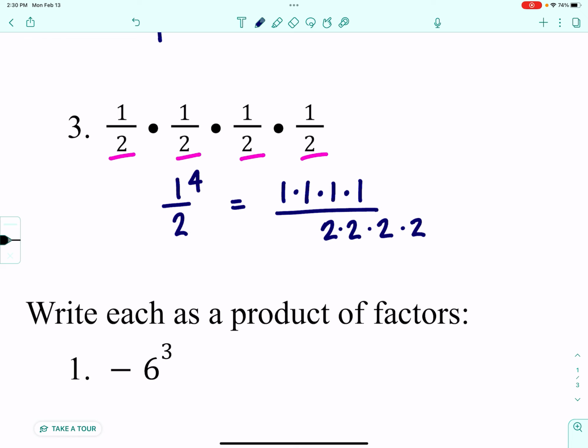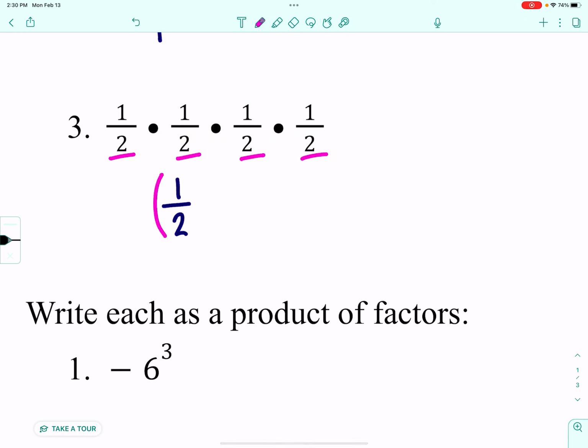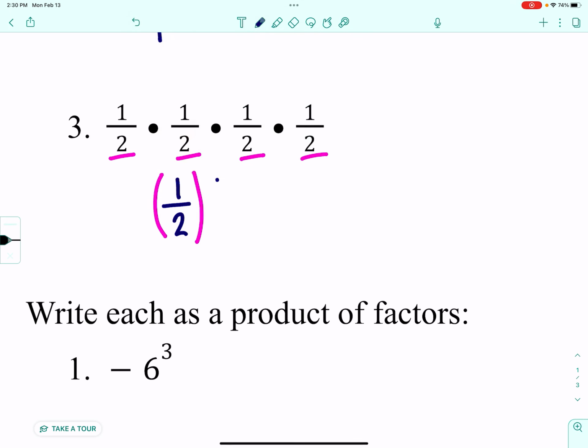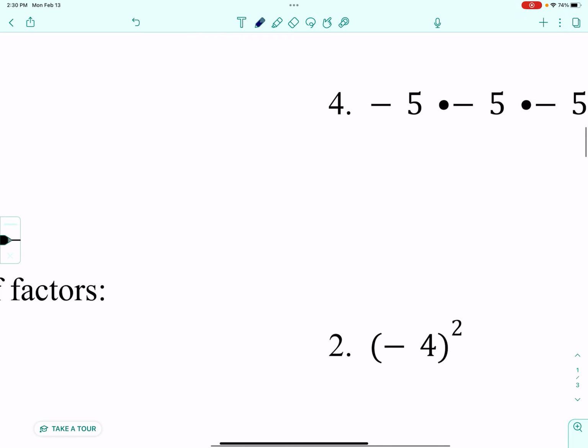So to get the 1 and the 2 both used as factors 4 times, we need to go through and use parentheses around that fraction and put the base on the outside. So be careful when you're doing fractions. Make sure you use parentheses to hold everything together.